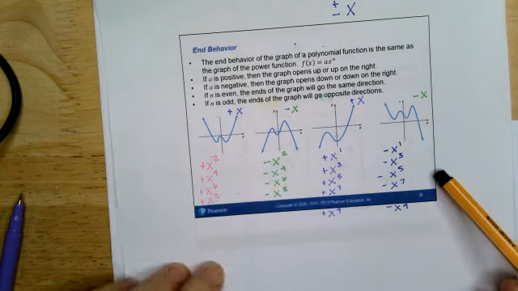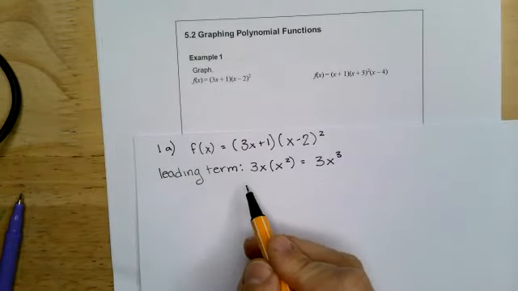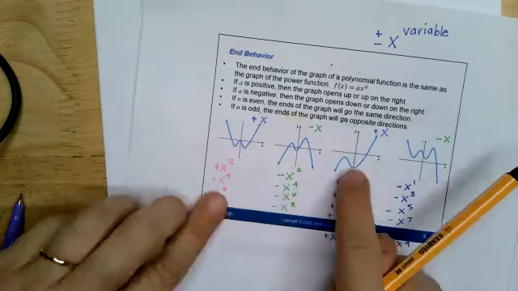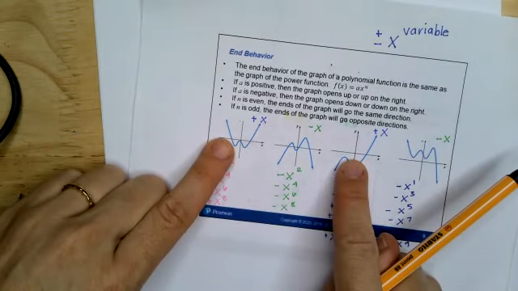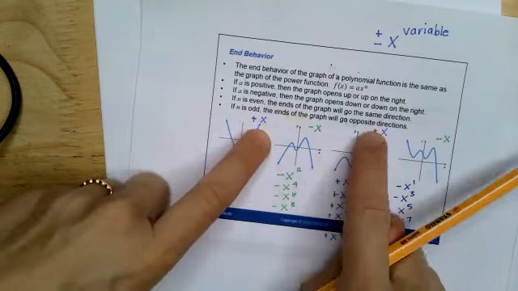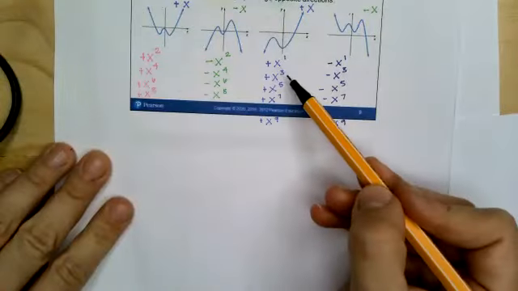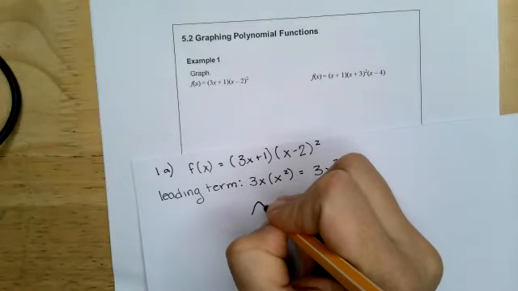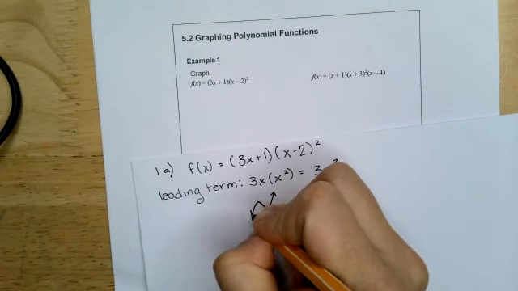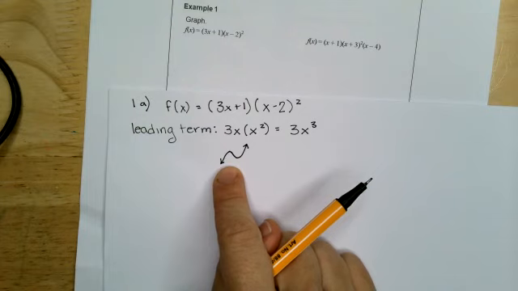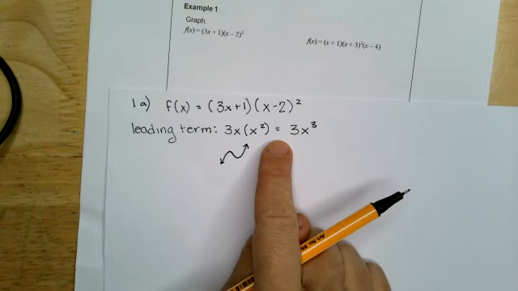So our leading term gives us this information. A 3 is going to be a positive, so it's going to be positive to the right because it's a positive 3. And then the x is cubed, so that's an odd exponent. So our graph is going to look like this. Because our leading term is 3x cubed, our graph is going to begin on the left going down, and on the right, it's going to be going up.